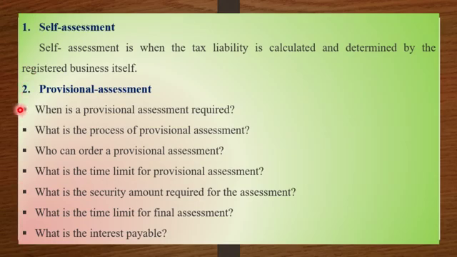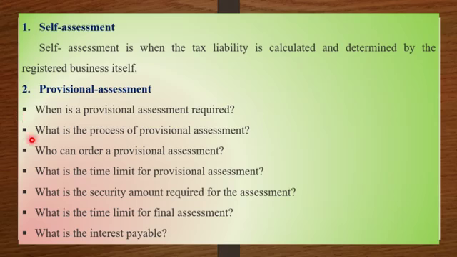So, first is when is a provisional assessment required. A provisional assessment is required when the assessee is unable to calculate the value of goods, services, or both goods and services, or the tax rate which is applicable on the goods and services produced.